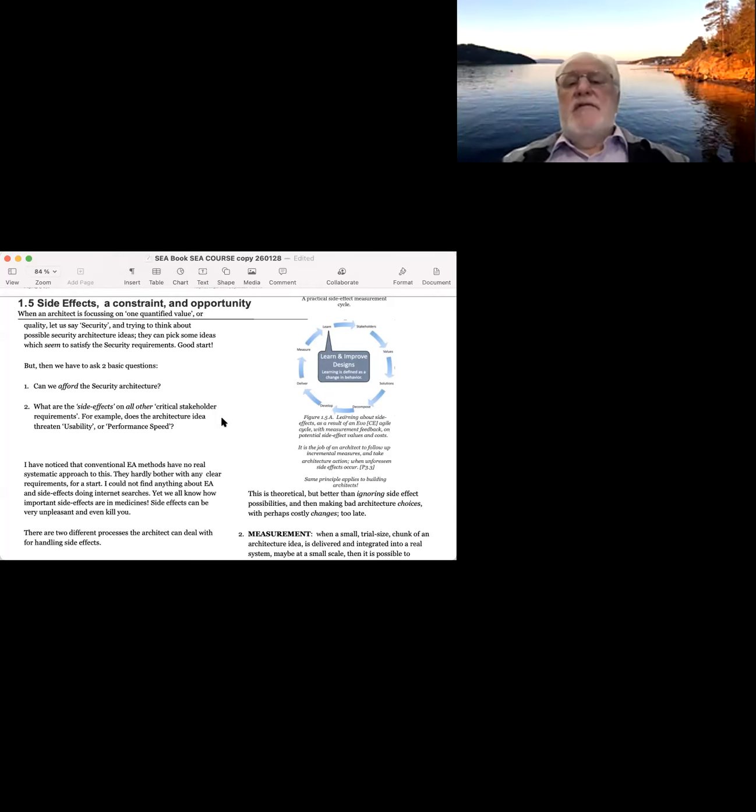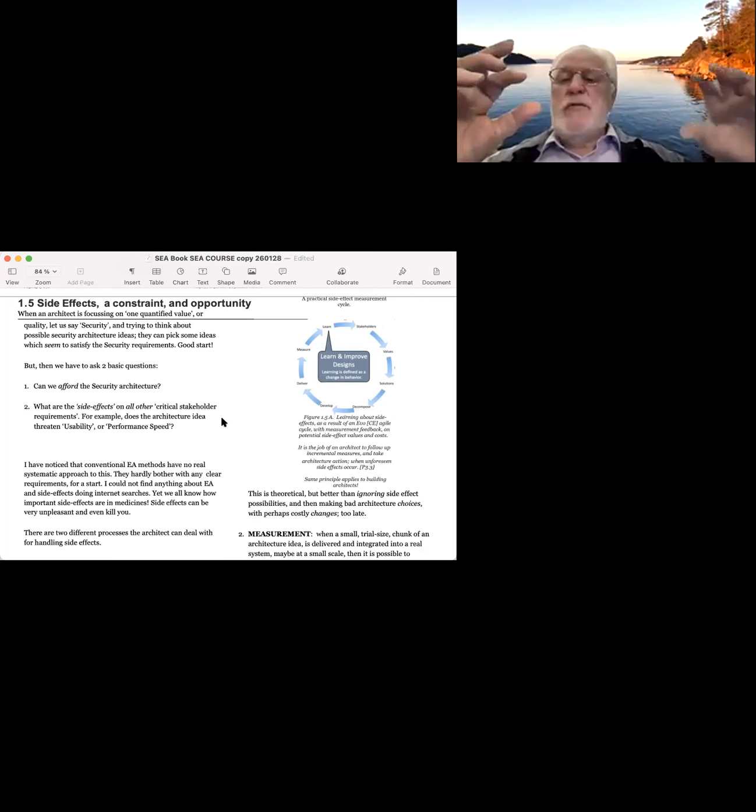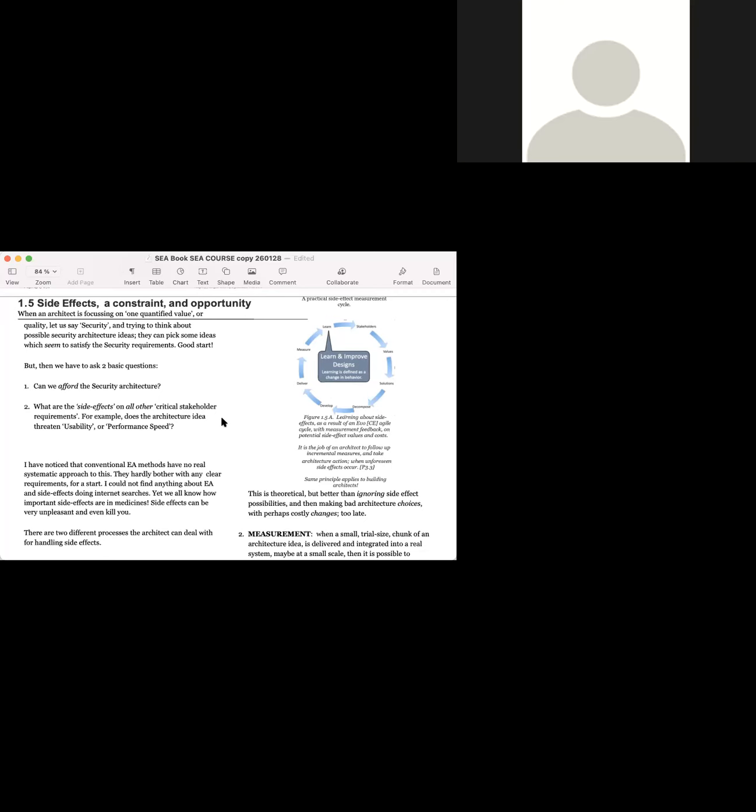Now, in very many everyday practices, they do what I call one-to-one thinking. I need security, therefore I'll have an architecture called encryption. And they're all done. Now, the danger there is that that might be true, that encryption will help your architecture, but that encryption will begin to hit some other constraints.